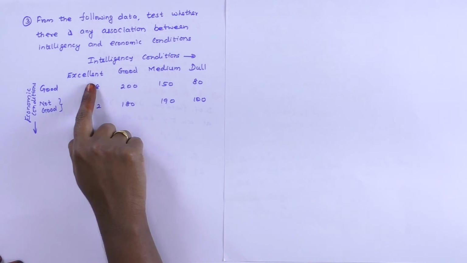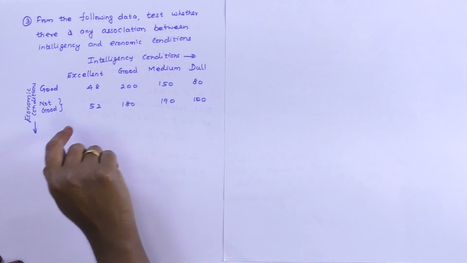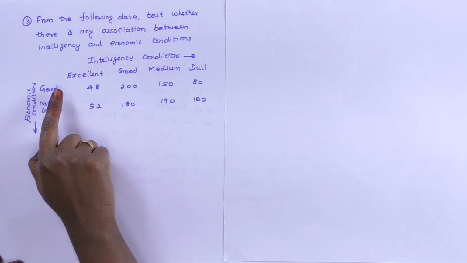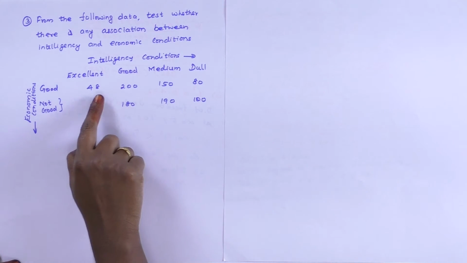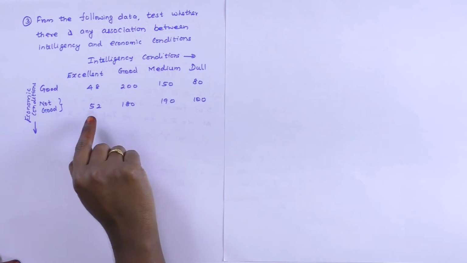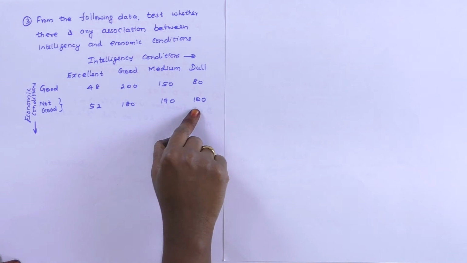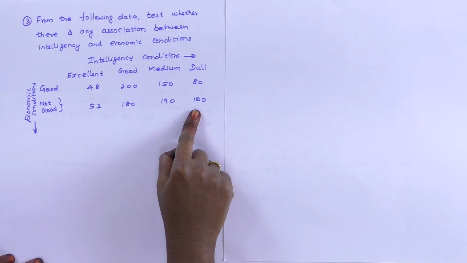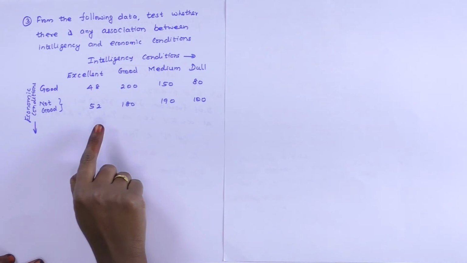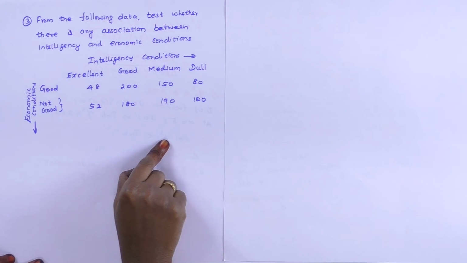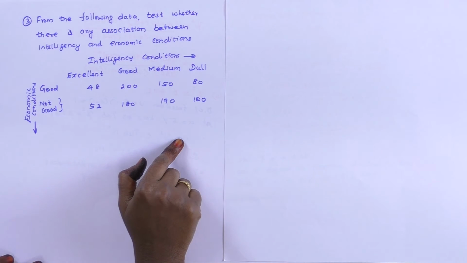Intelligence condition is based on excellent, good, medium and dull. Economic conditions are good and not good. The data are 48, 200, 150, 80, 52, 180, 190, 100. Here we have 2 rows and 4 columns.